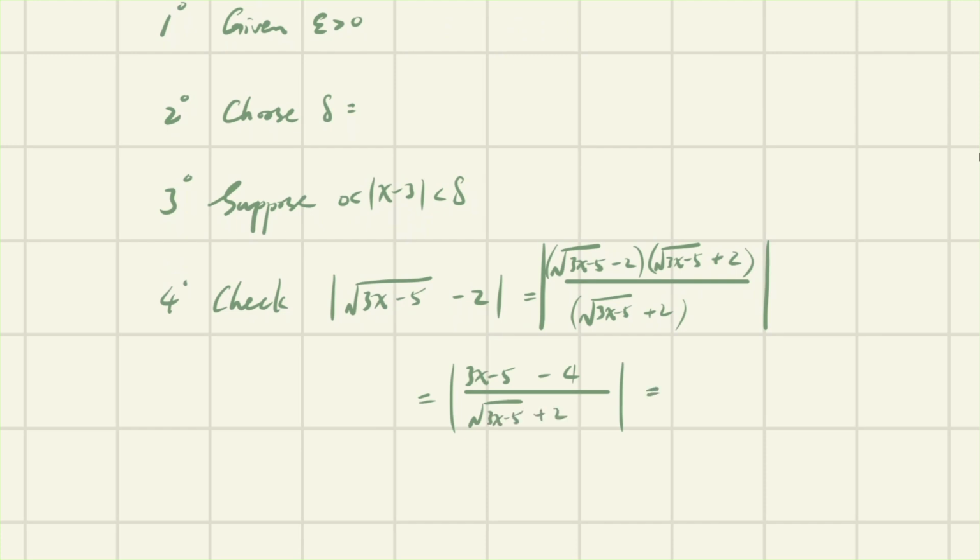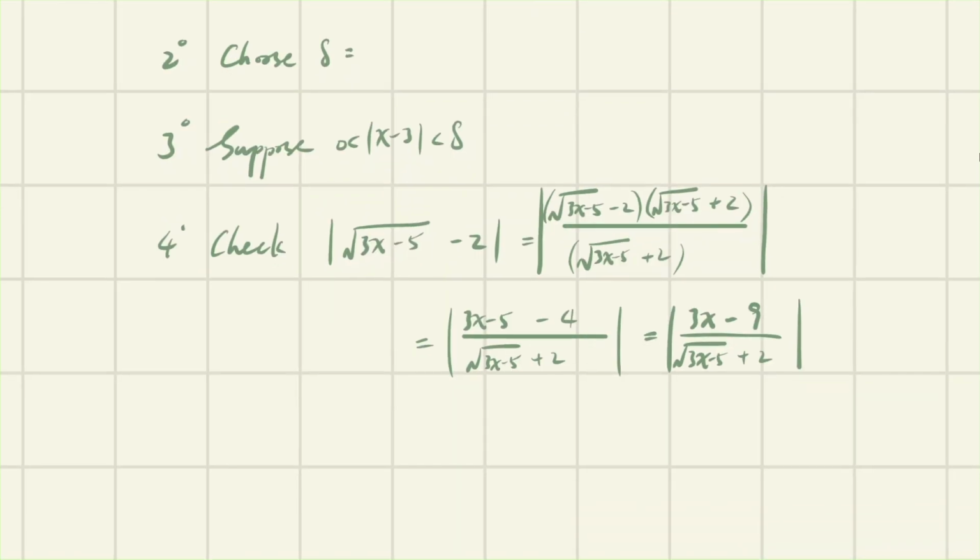So if we rearrange everything, we get 3x minus 9 over the square root of 3x minus 5 plus 2. If we take the 3 out, we get 3 over the absolute value of the square root of 3x minus 5 plus 2, times the absolute value of x minus 3, which is smaller than delta here.